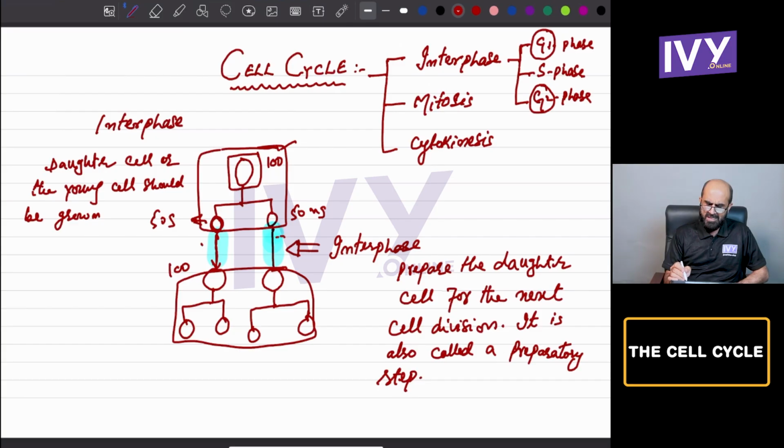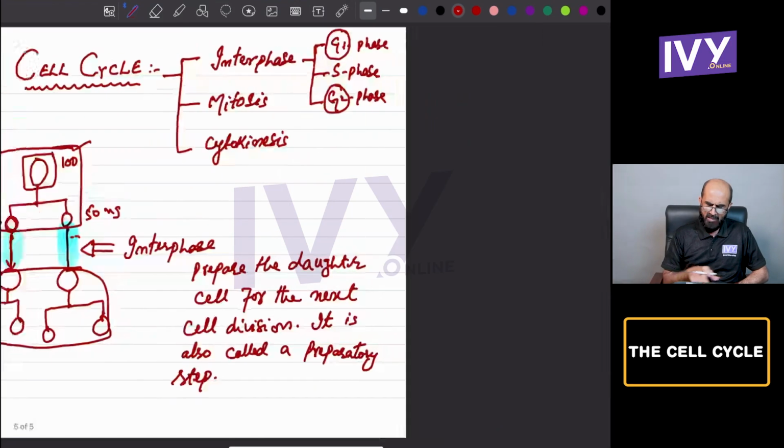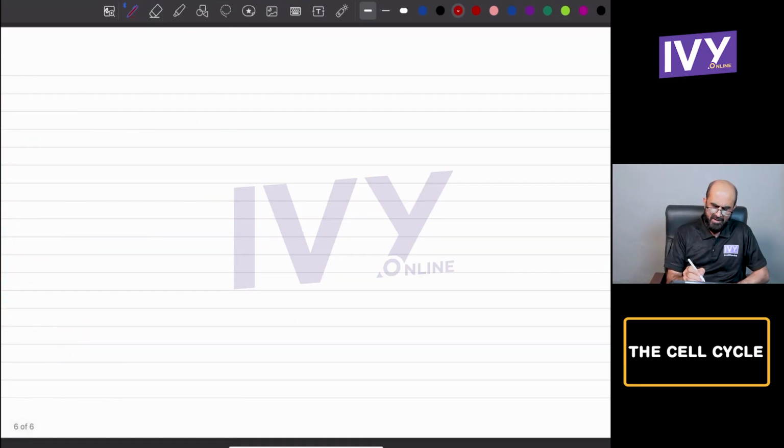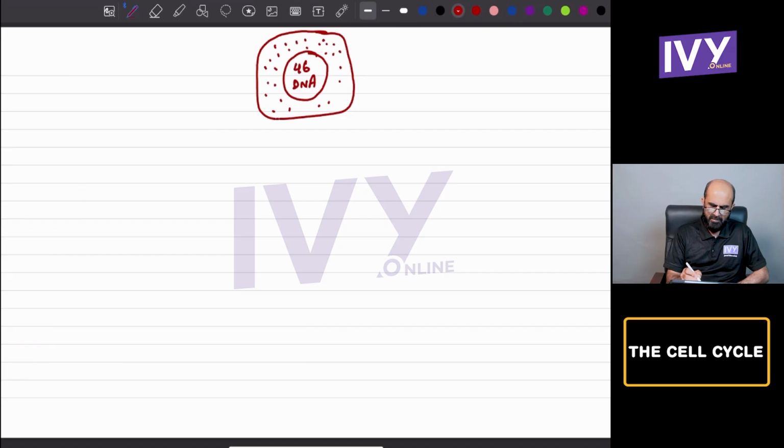Similarly, once the contents become doubled, I mean, if we have a cell here, this is the nucleus, and here the complete cell. We have 46 DNA, and suppose we have the cytoplasm here, and we have some mitochondria here. So this is the mitochondria.